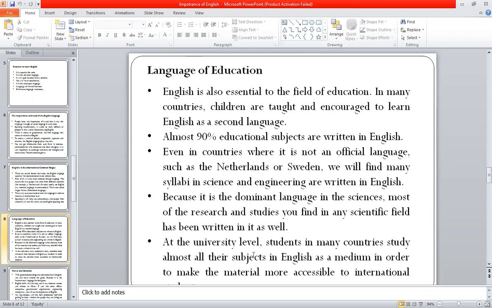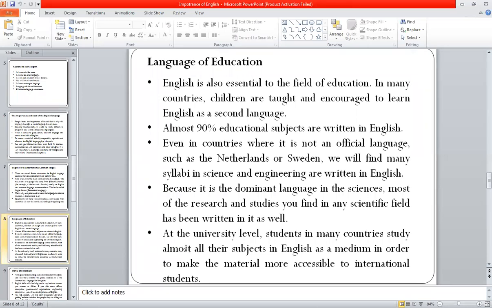And the final point is that at the university level, students in many countries study almost all their subjects in English as a medium in order to make the material more accessible to international students. So this is also a very important point.